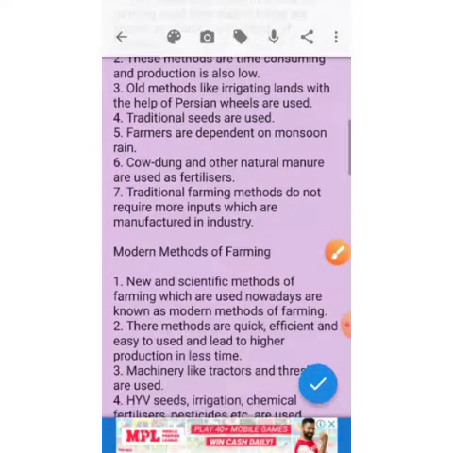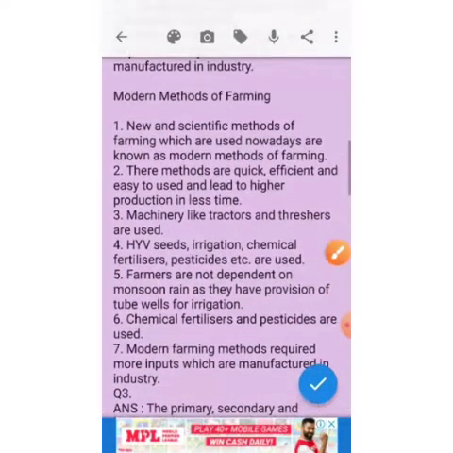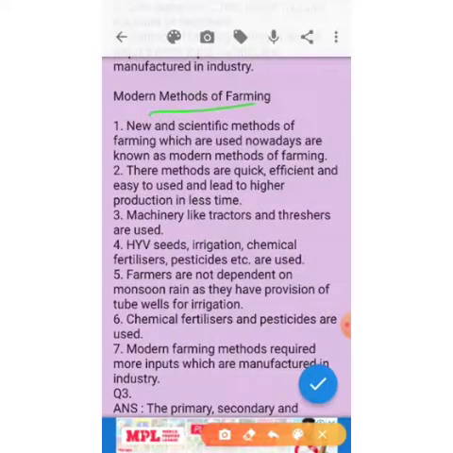Next is modern farming method. First, new and scientific methods of farming which are used nowadays are known as modern methods of farming. Second, these methods are quick, efficient and easy to use and lead to higher production in less time. Third, machinery like tractors and threshers are used in this farming.